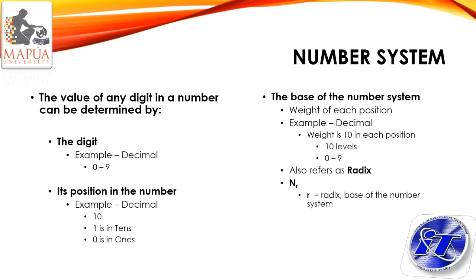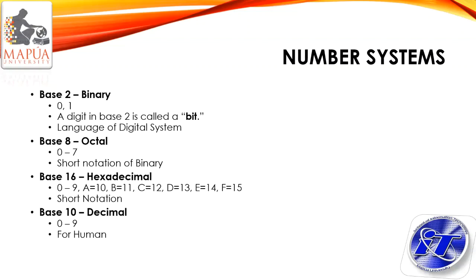Just to differentiate one number system from another number system, we use subscript. And in case there's no subscript, automatically it is decimal since it is our language. So again, no subscript means automatically it's decimal. Don't forget that.